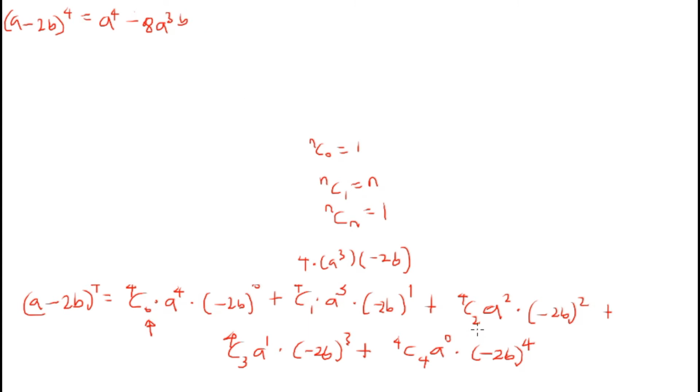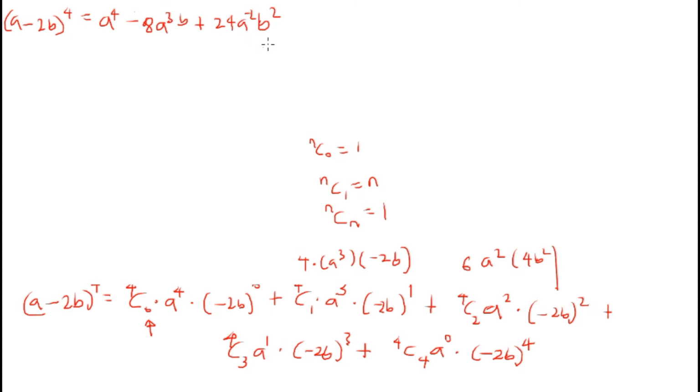For the third term, 4 combination 2 is equal to 6. So I'll have 6 as the coefficient, then a squared multiplied by minus 2b squared, which is 4b squared. 6 times 4 is positive 24, then a squared b squared.